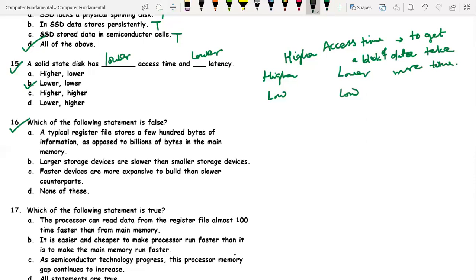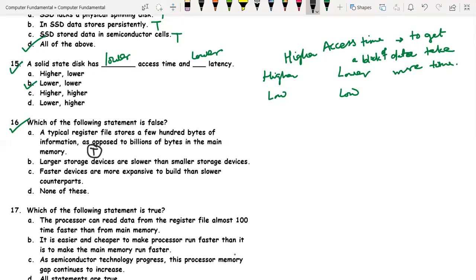Which of the following statements is false? Faster versus expensive, faster versus slower. None of these. A, sir? No, this is a true statement. This is the exact statement inside your slide.